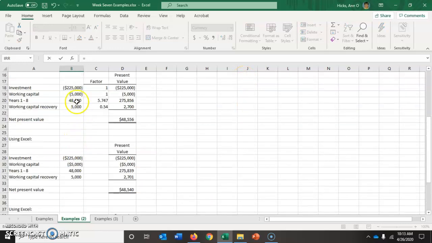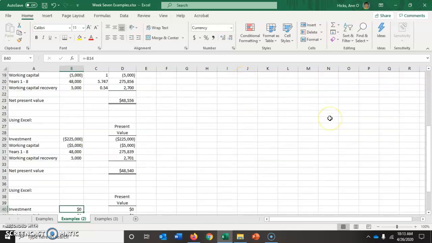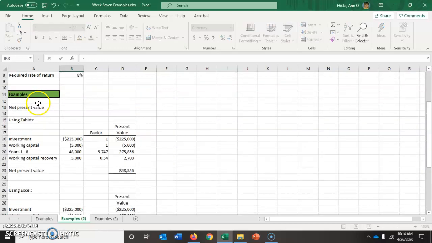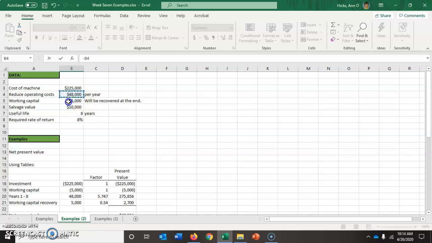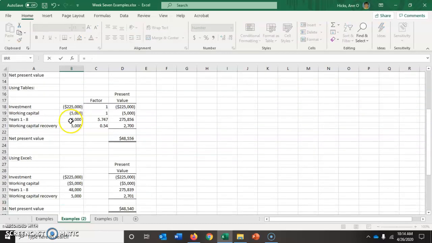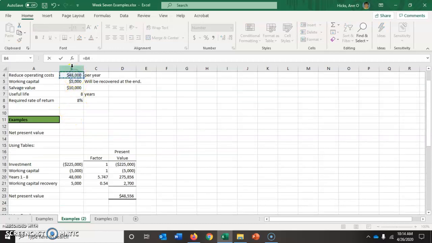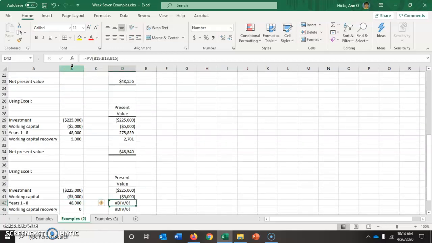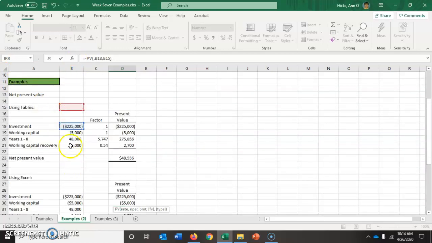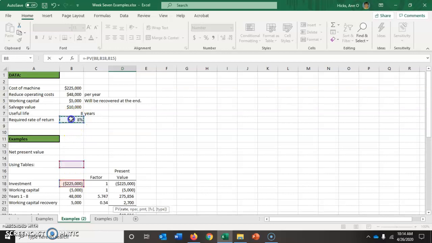Then let me fix these. This will be the 225. This will be the 5. This will be the 48. And this. Let me plug these in. Should have done this ahead of time, sorry.